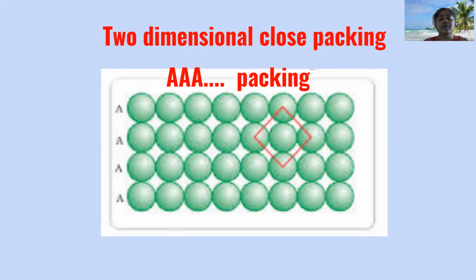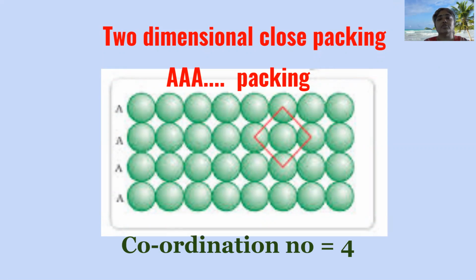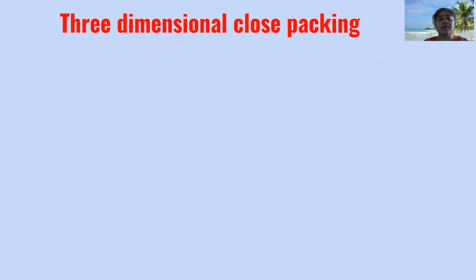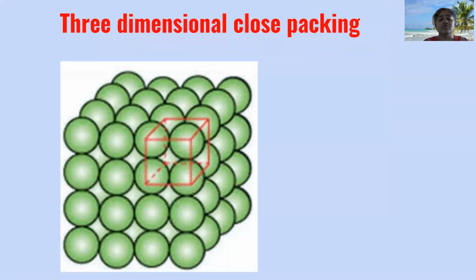Now, when we convert this into the three-dimensional type of packing, what happens? Two or more such layers are placed one over the other. So when the layers of two-dimensional packing are placed one above the other, we get what is known as a three-dimensional packing, wherein the first layer, the second layer, the third layer are all exactly identical to each other, and the atoms are arranged in such a manner that they lie exactly one above the other.